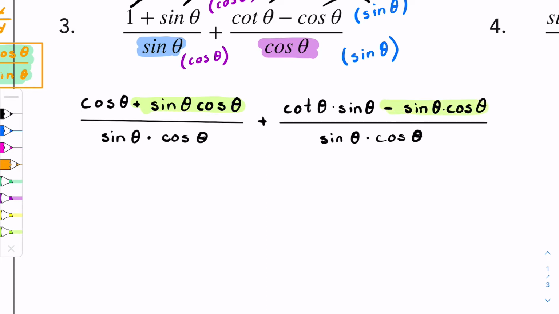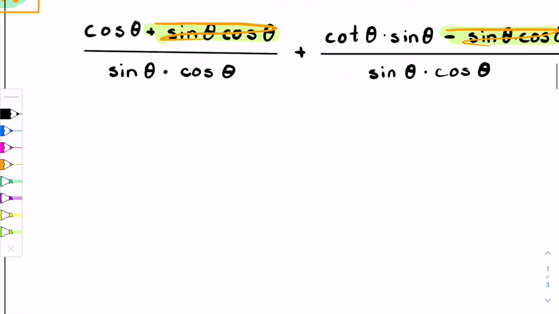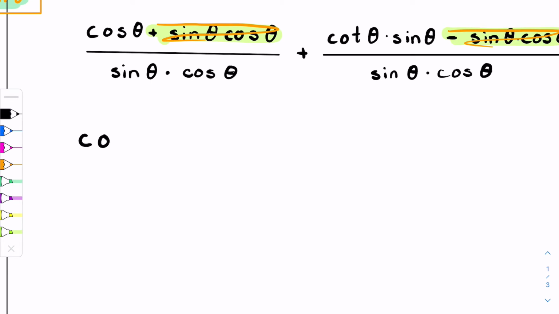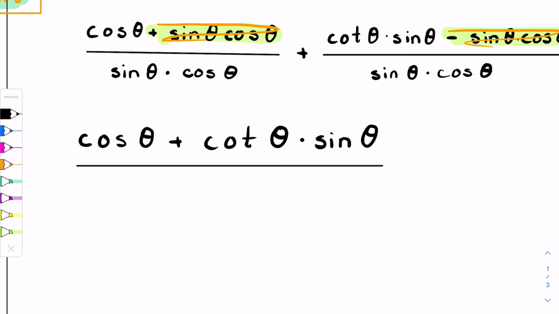So we can actually eliminate both of those terms. So our new numerator, when we add them together, is going to be cosine of theta plus cotangent of theta times sine of theta, divided by sine of theta times cosine theta.